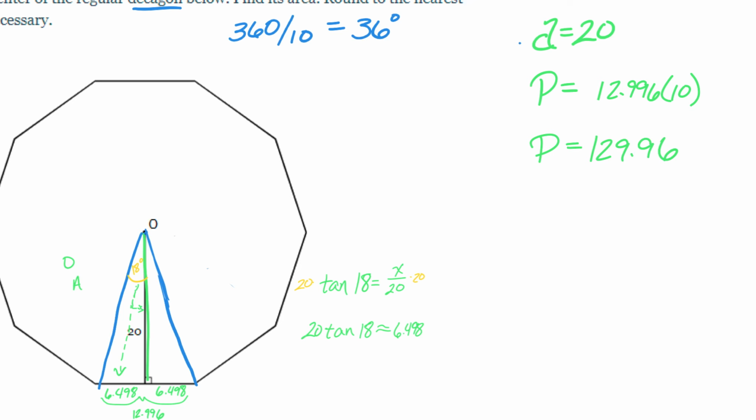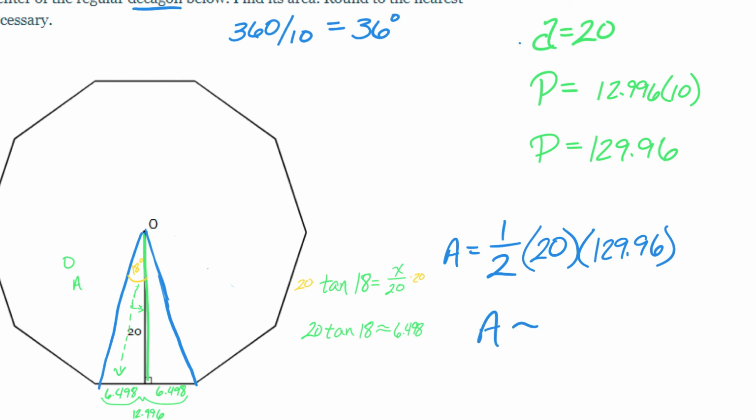So once we have all our information, we just simply plug that into our calculator. The apothem of 20 times the perimeter of 129.96. When we put this into our calculator, our area is 1299.7.